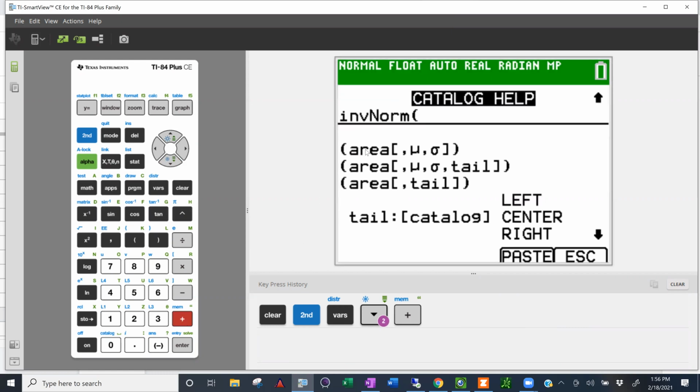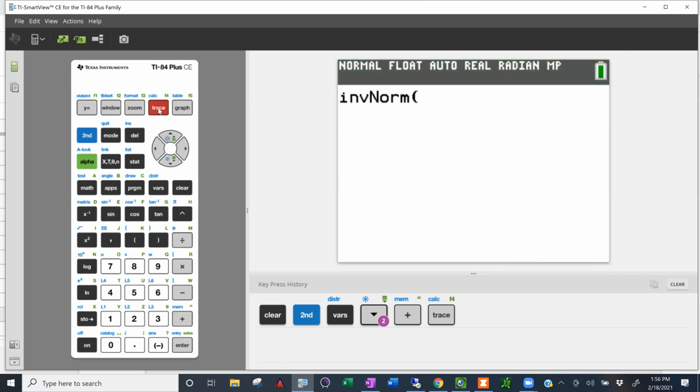So first you're going to type in the area, then you're going to type in the mean and standard deviation if they're different than the standard normal curve. You also have the option of typing in what part of the normal curve, left, right, or center. We're going to shy away from that a little bit, but let me paste this command in and give it a whirl.